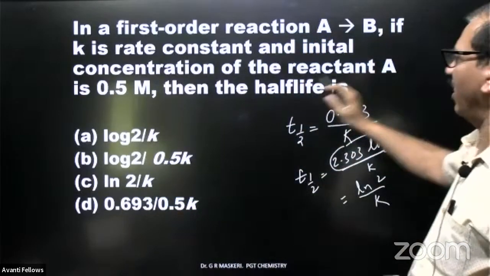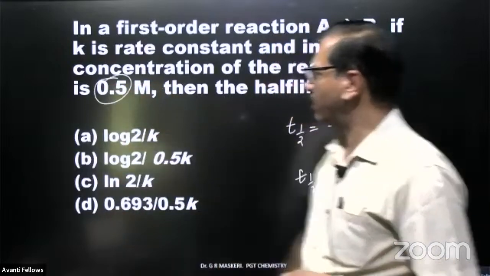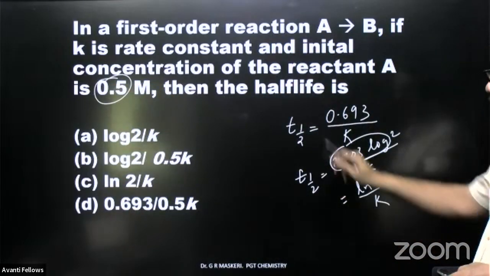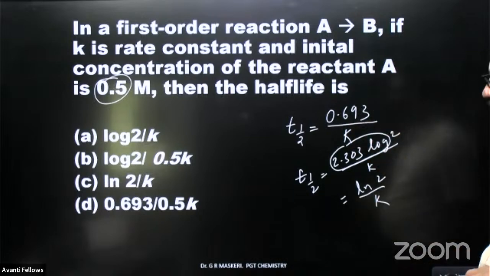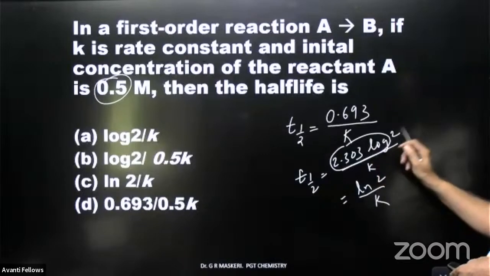Concentration has nothing to do with it. T half is 0.693 by K. How has 0.693 come there? 2.303 into log of 2.